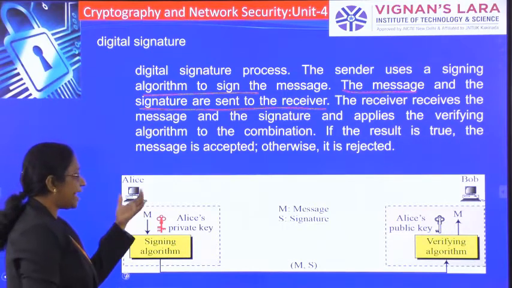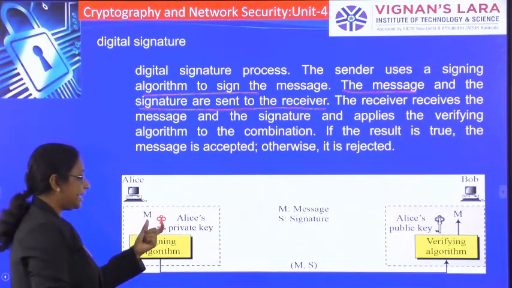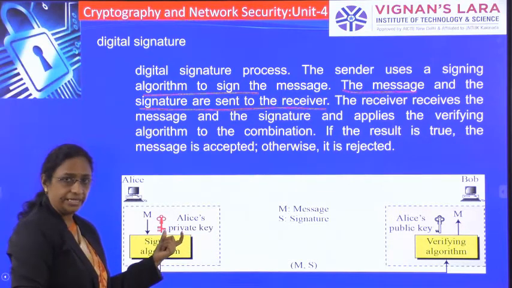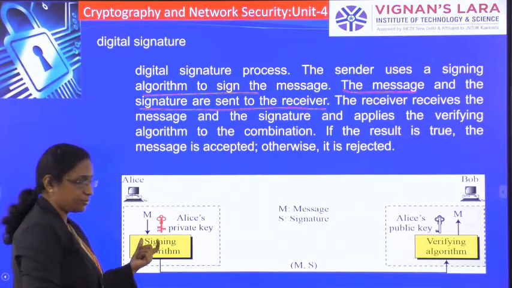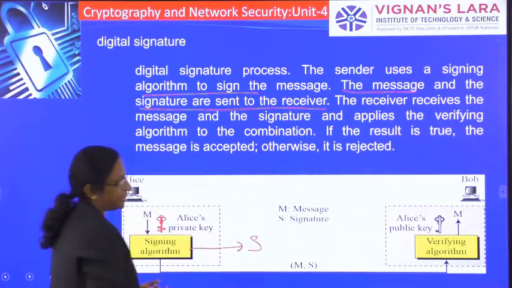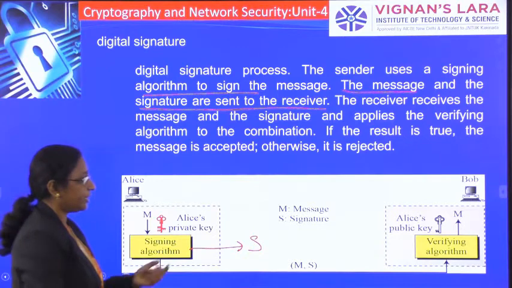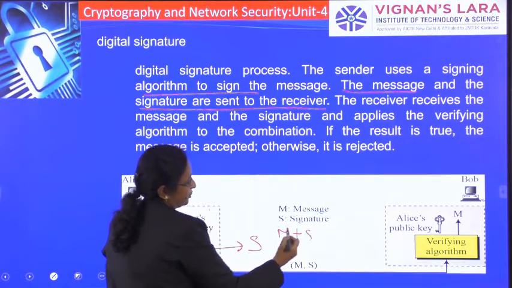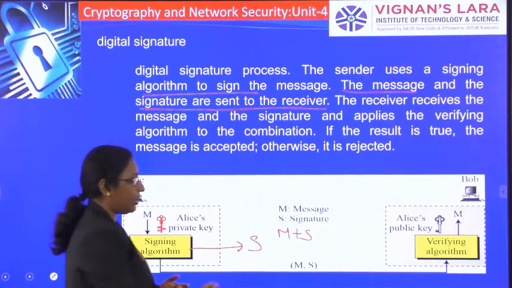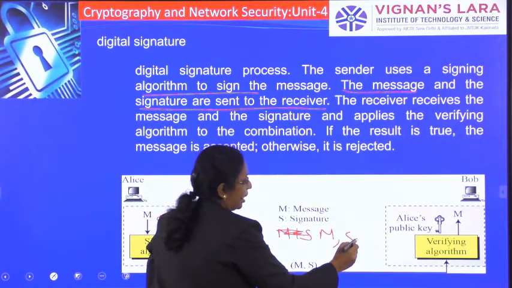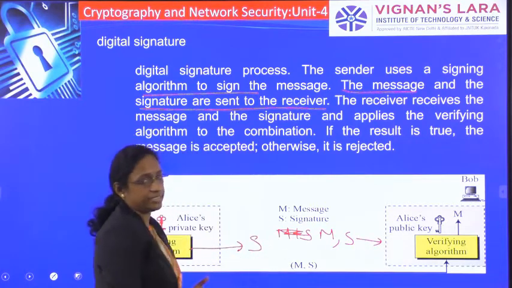Alice uses her private key and it goes through a signing algorithm. The output of the signing algorithm is the signature. The message along with the signature is sent to the receiver.